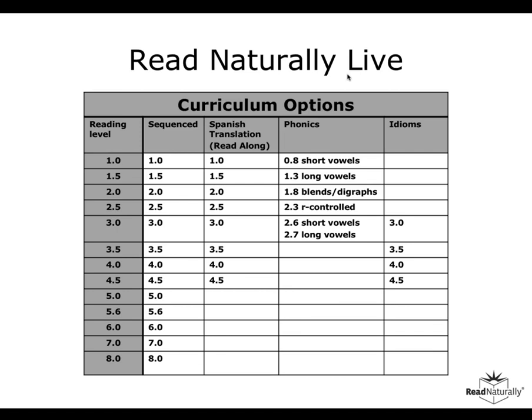You can see that when we get into 6, 7, and 8, they go up in full reading levels. But 1.0 through 5.6 move up in half grade reading levels. In our sequence series, we also provide an option for Spanish translation read-along.